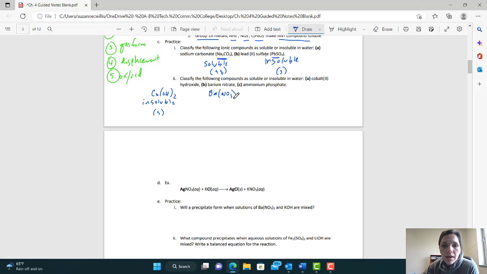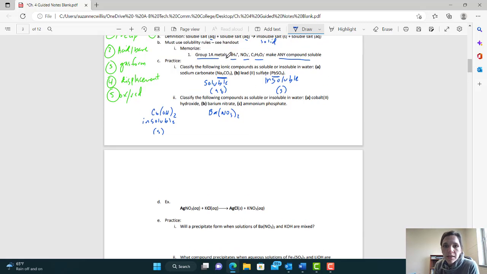Barium nitrate, okay? Well, if you memorize these quick little ones right here, it'll be an easy answer because nitrate makes anything and everything soluble. So it's automatically soluble, which means it would be aqueous. Ammonium phosphate. Ammonium is also one of these that is automatically soluble.